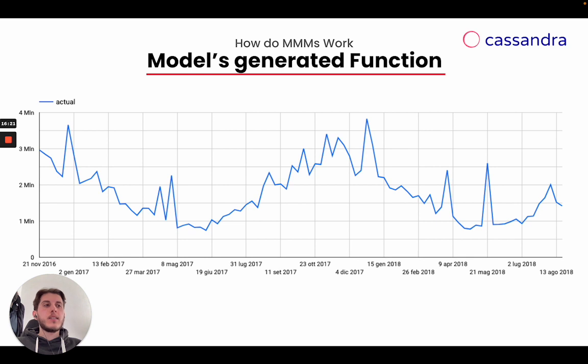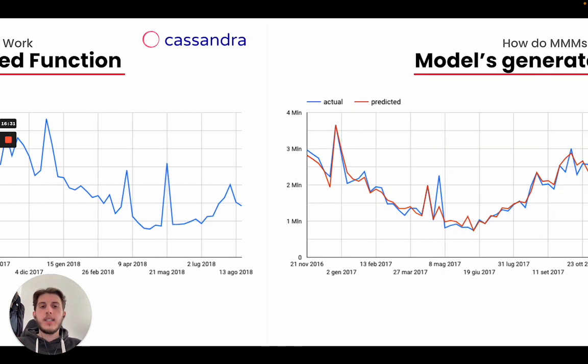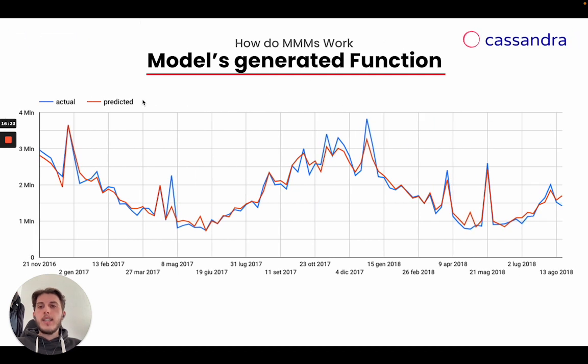This means that it will find the correlation between sales and each variable and the variables themselves and try to do something like this. So the red line here, the predicted value, are actually values generated by the marketing mix model and the equation behind the marketing mix model. And you can see it fits pretty well.